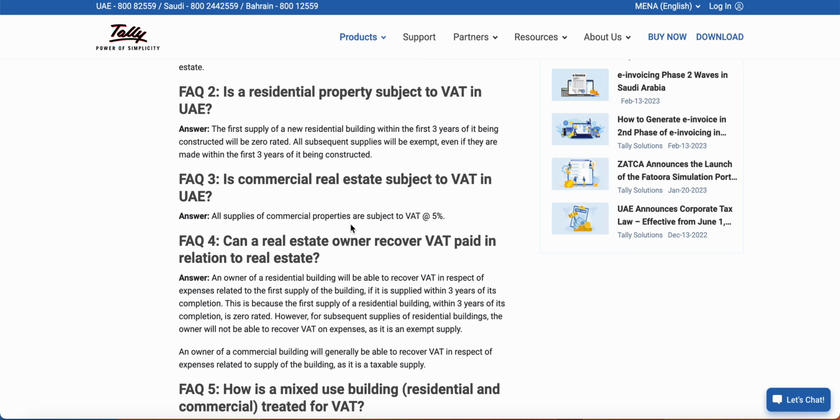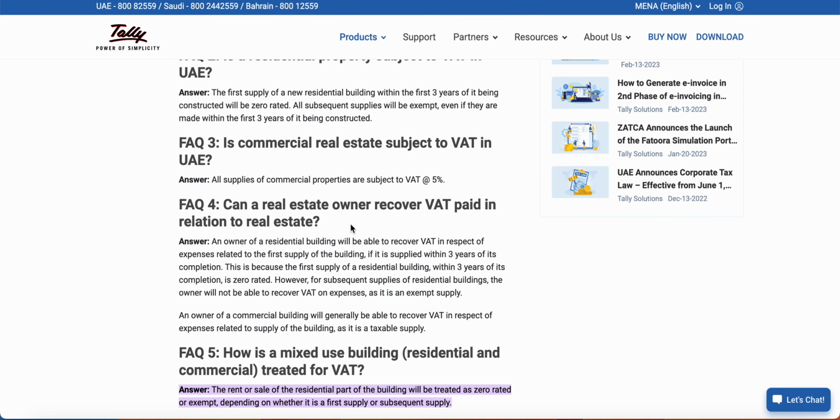charge 5% of VAT. Can a real estate owner recover VAT paid in relationship to real estate? So the question is basically asking that all this talk of registration, is there any benefit? Yes.